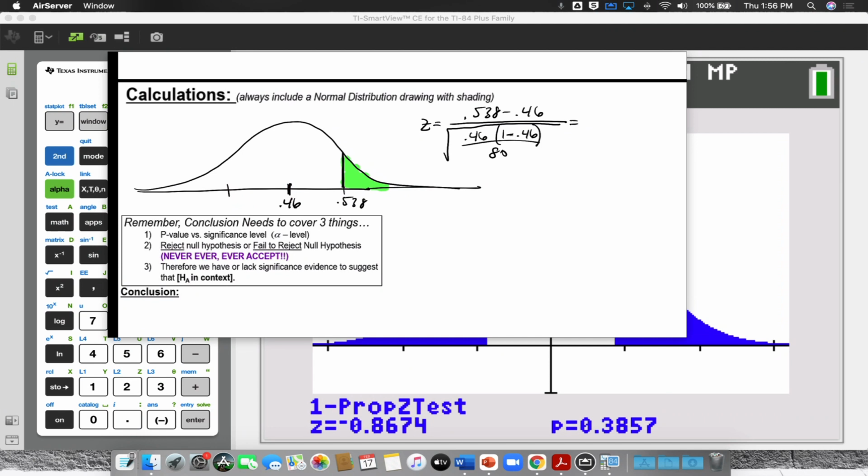So the difference here, 0.538 minus 0.46, the difference here is 0.078. So subtract that from 0.46. And we get 0.382. We're also going to shade over there. Okay, so the two greens are exactly the same size.